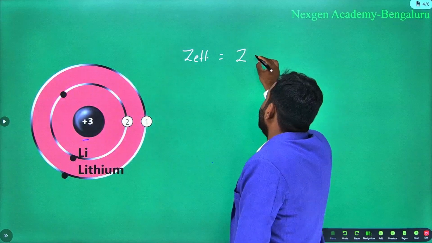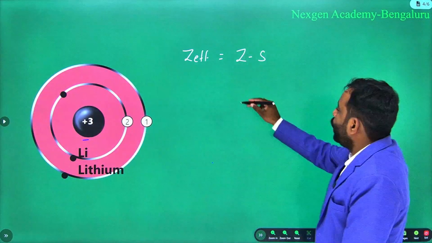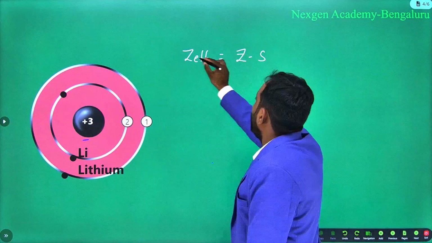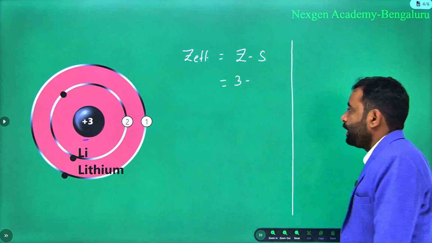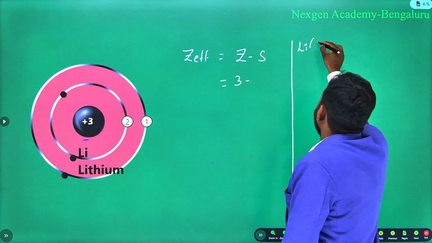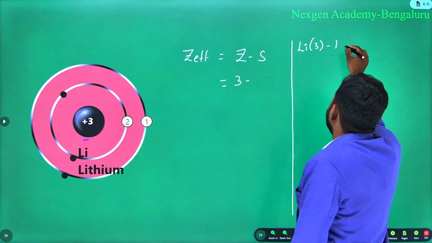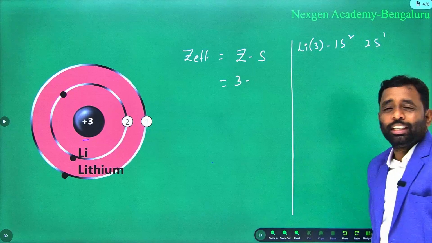Z minus screening constant. You know the atomic number of lithium is 3, and the screening constant we will calculate now. As I told you, write down the electronic configuration of lithium: 1s2, 2s1, 2 plus 1, 3 electrons.